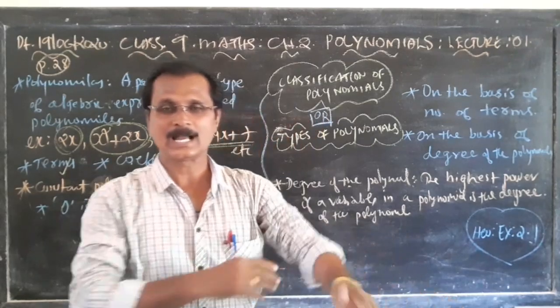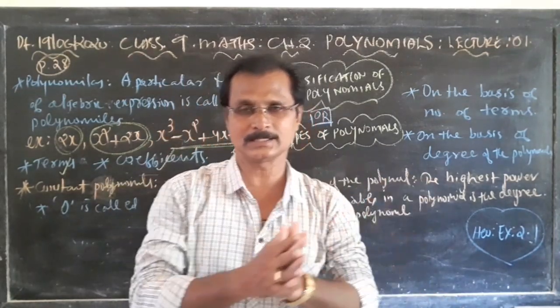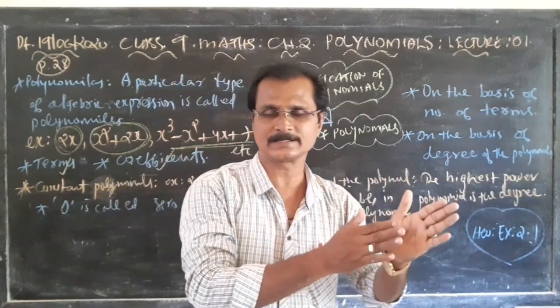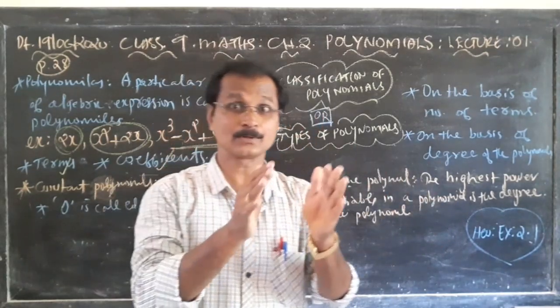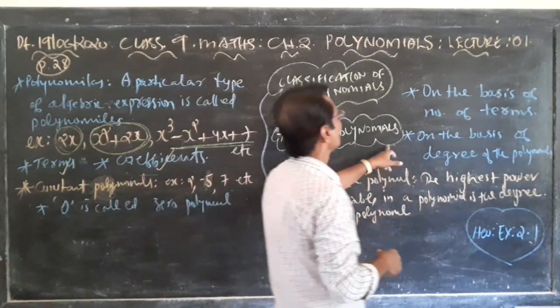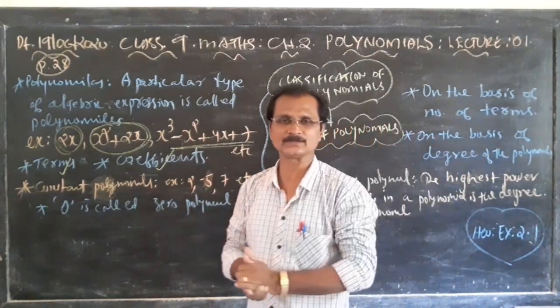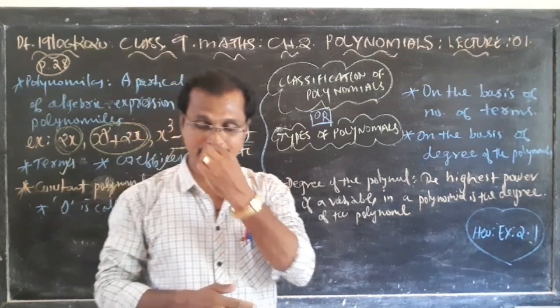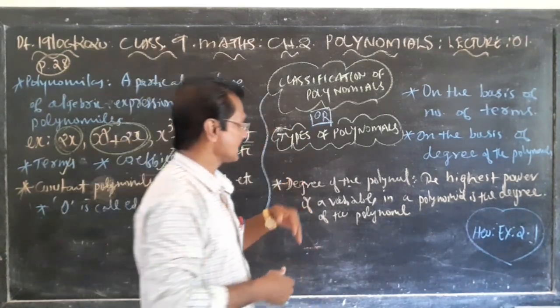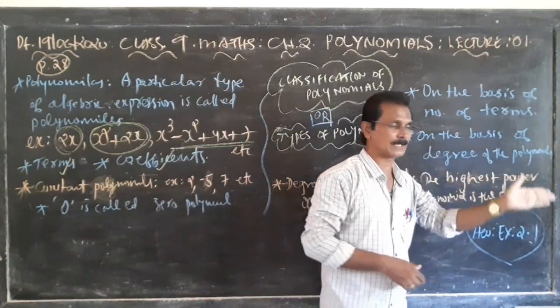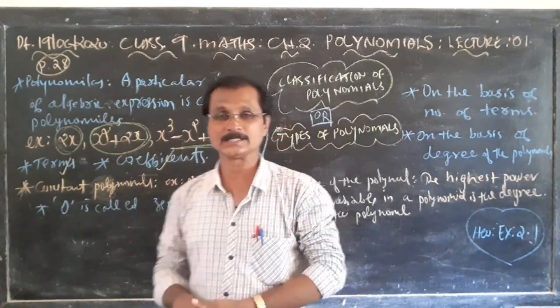We need to see how many terms are there in the polynomial. And the second one is on the basis of the degree of the polynomial. Looking at the polynomial and observing what its degree is. I will tell you how to observe the degree.